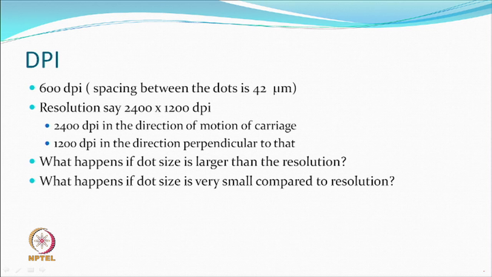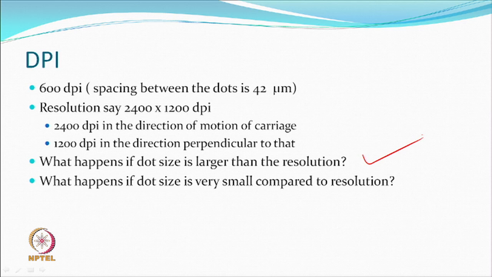So, here we have, instead of pixels, we have dots, which, as we said, smaller dots would probably be able to give sharper pictures. What happens if the dot size is larger than the resolution? You have a matrix in which you are putting dots.